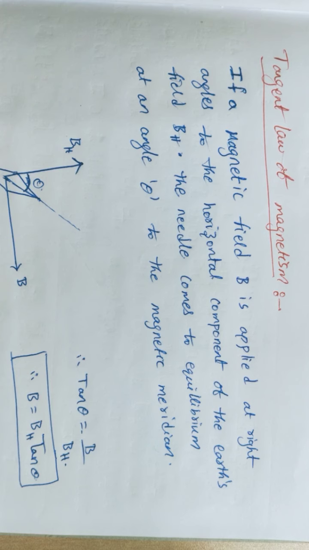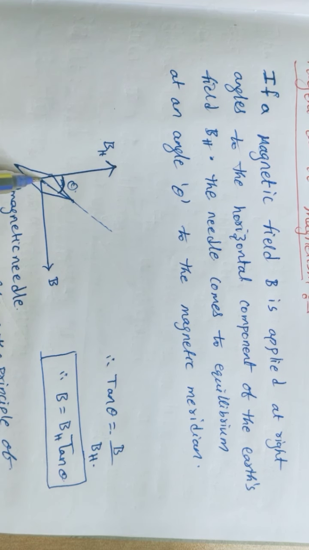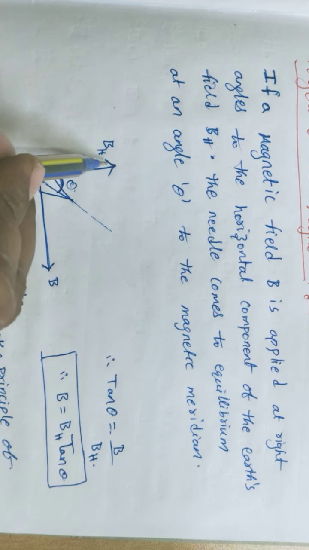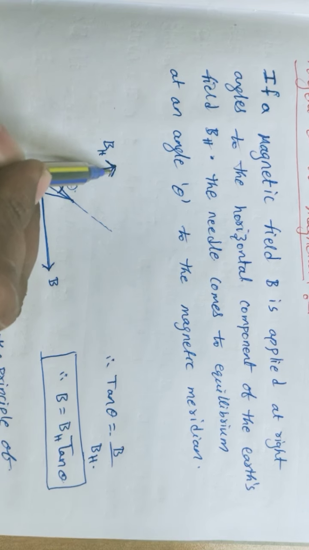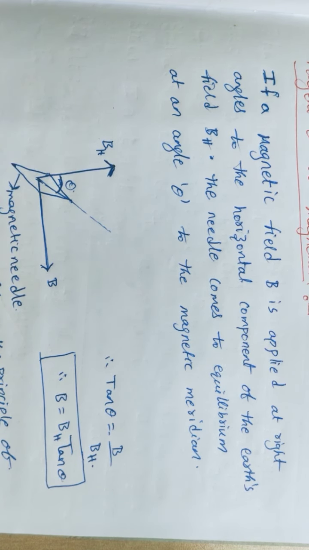So students, how are we getting that relation? With the help of one simple thing we can observe it. Observe this small diagram here. Let this be the applied magnetic field B. This applied magnetic field B is perpendicular to Earth's horizontal magnetic field BH.